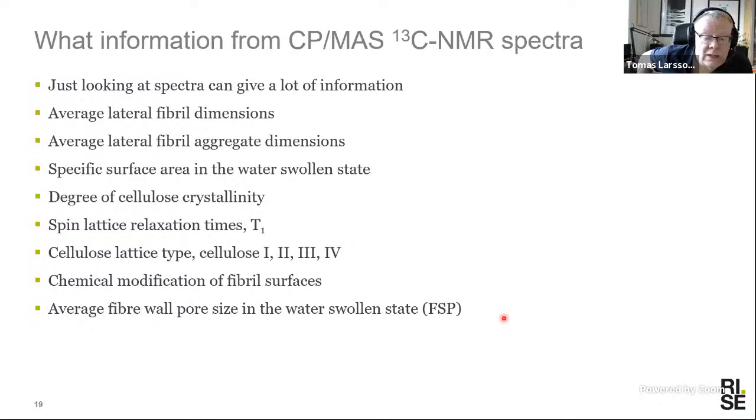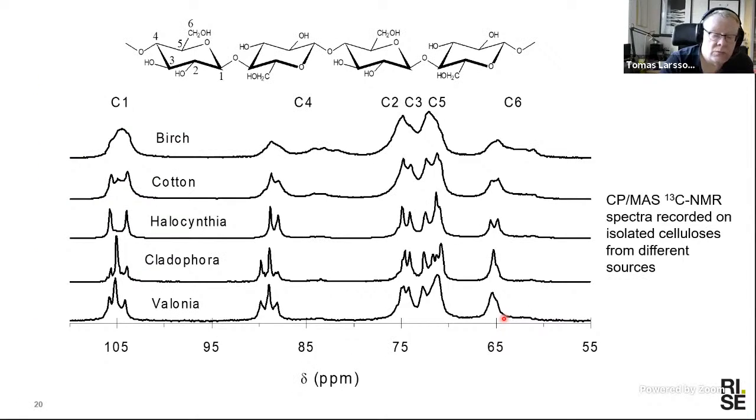We can follow chemical modification that occurs on fibril surfaces. And we can also combine the specific surface area we get from NMR measurement in the water swollen state with FSP measurement and calculate average fiber wall pore sizes in the water swollen state. So it's quite useful as such and in combination with other techniques.